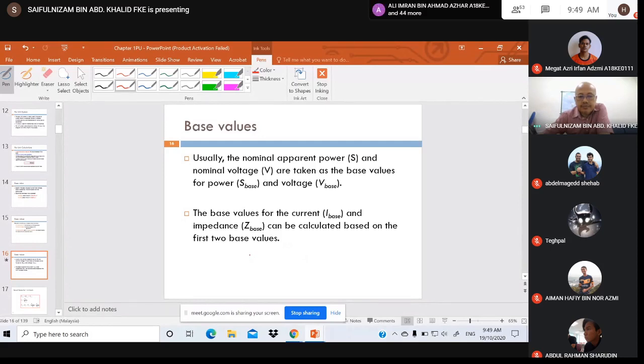You have S equal to VI, so I equal to S over V, and also I equal to V over Z. So Z equal to V squared over S. V squared over S.